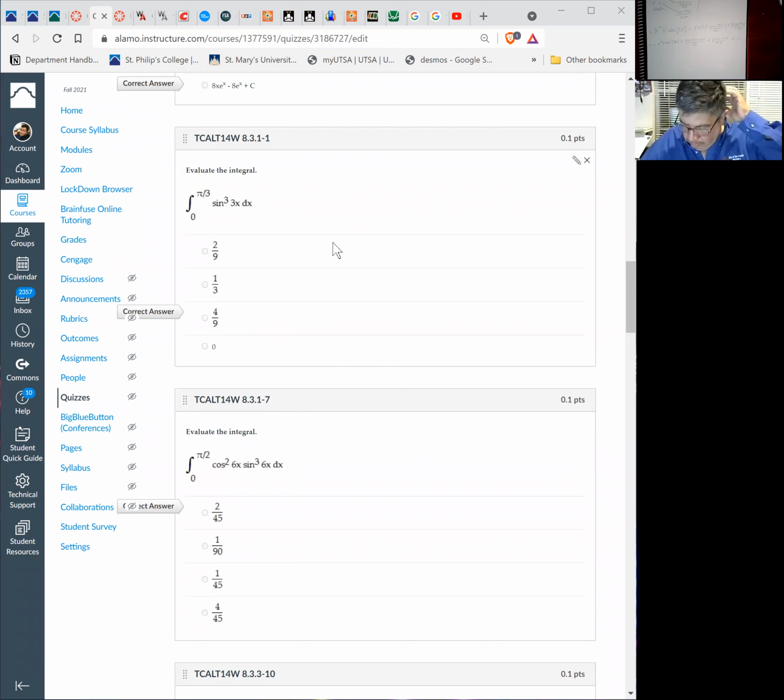Let's do that sine one, I guess. It's when the power is odd and positive. If it's odd or even, remember I had those notes: when the power of cosine is odd and positive, the power of sine is odd and positive.